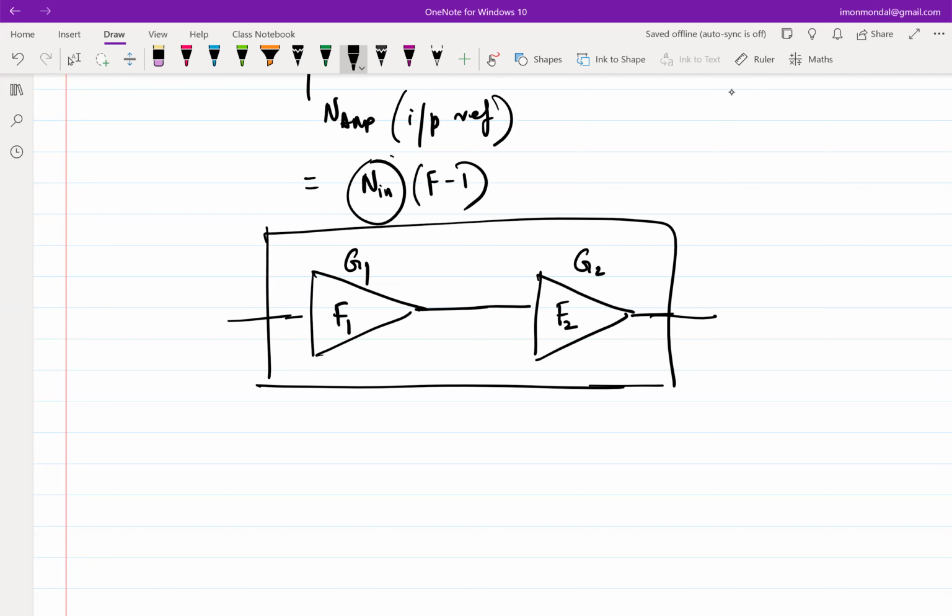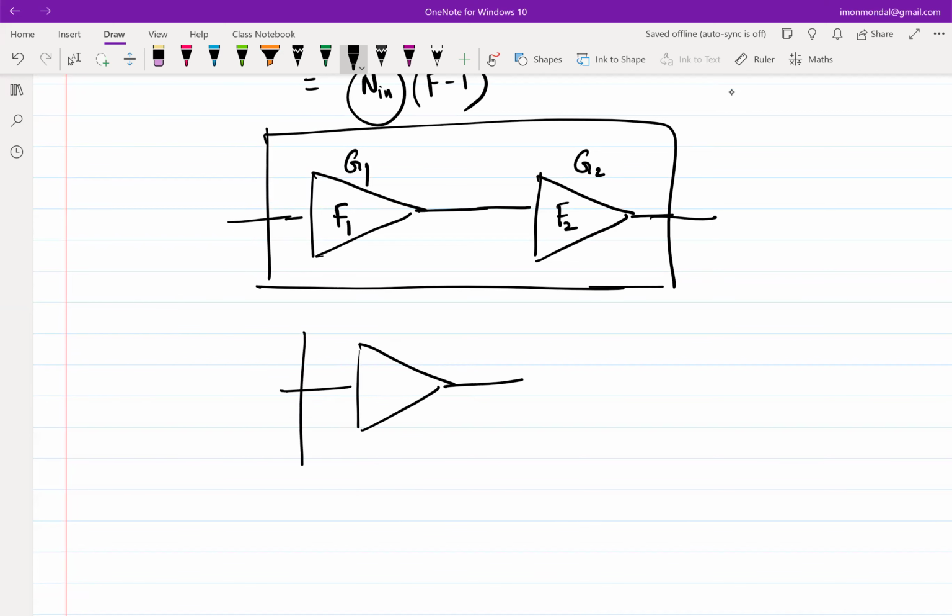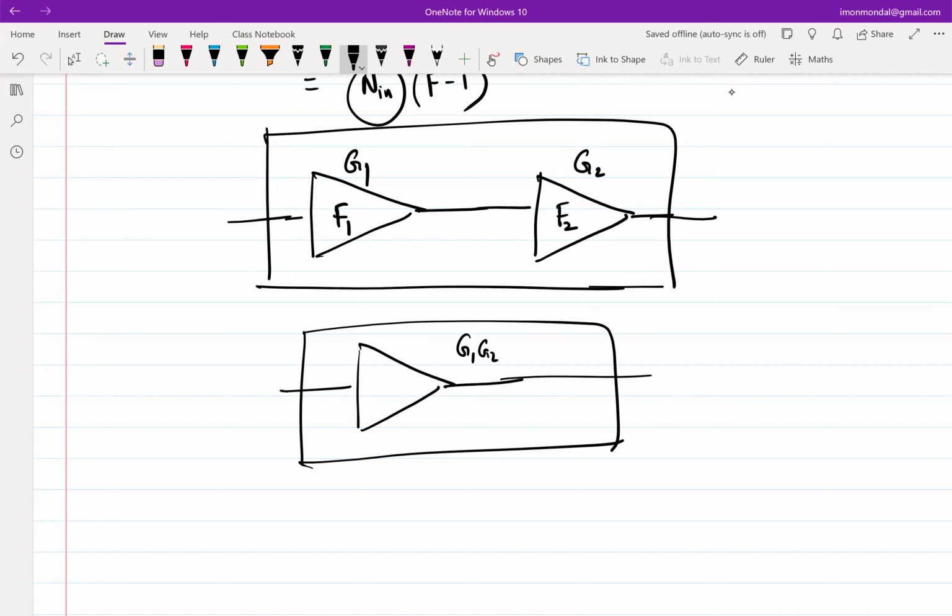That's fine. But I want to replace it with another system which has gain of G1 times G2, but an equivalent F. So what is the equivalent F? That is what I aspire for, because noise factor looks like an important definition, and if I can reduce multiple systems into one, that would be useful.